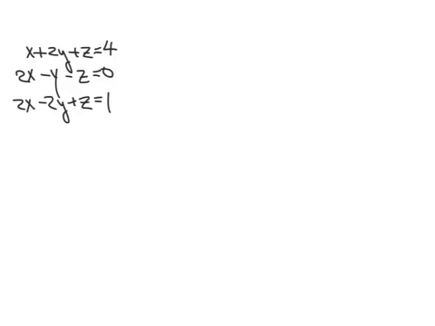And what we're going to do is try to eliminate one of the variables. I think probably the best one to eliminate is the z. So if we look at these two right here and just add them, what's going to happen to our z's? They're going to disappear, aren't they? Because we have a positive z and a negative z.